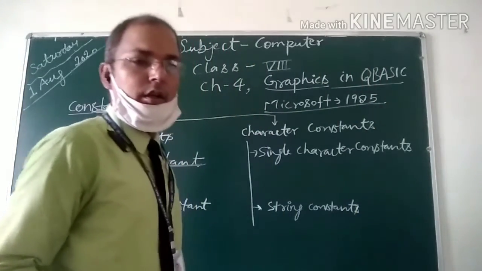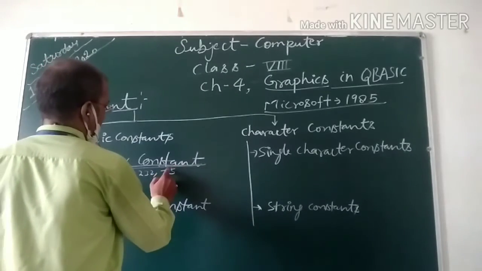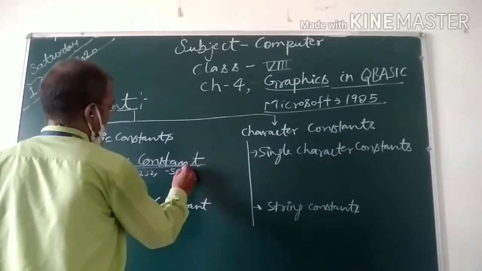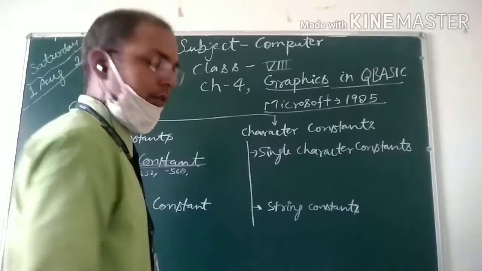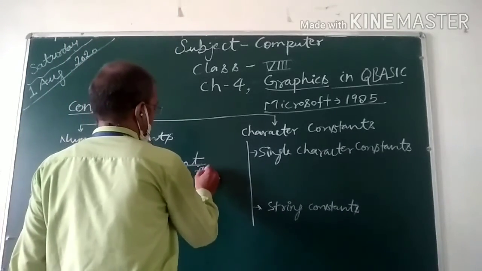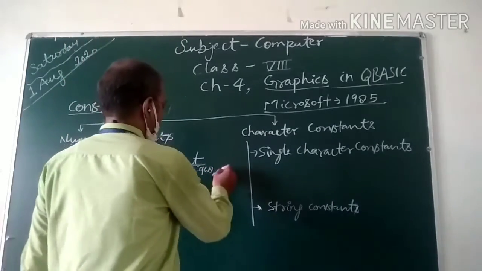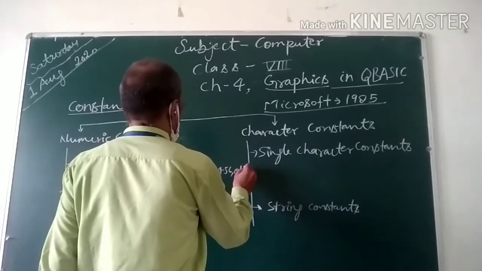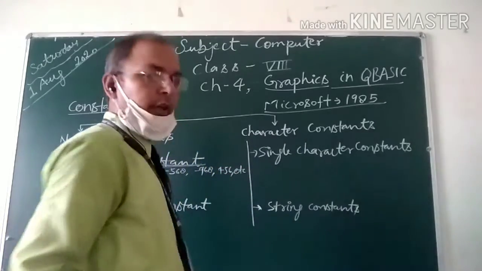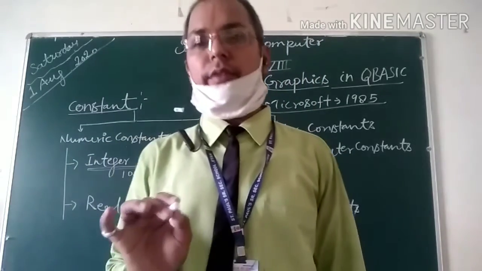Okay, minus 568, minus 968, 456. So an integer constant consists of positive numbers or negative numbers without any fractional part.